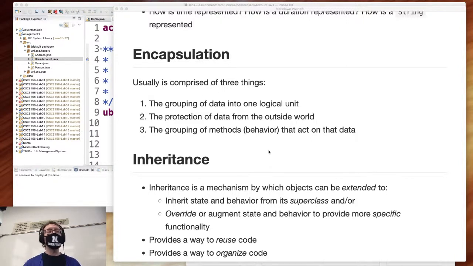You would be breaking encapsulation if you located, say, a decay method for an isotope or a deposit method for a bank account outside the class somehow, right?